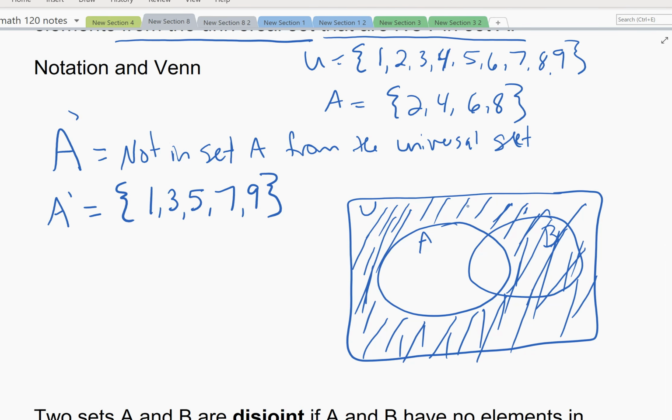Alright, all of that outside area. This would be the region. That's the complement of A, the not in A region. Alright, the complement. So basically I would exclude anybody that lands in that circle A. Everybody else is fine.